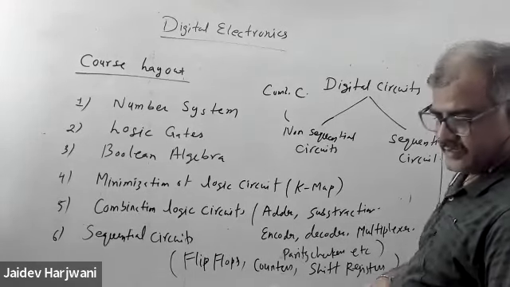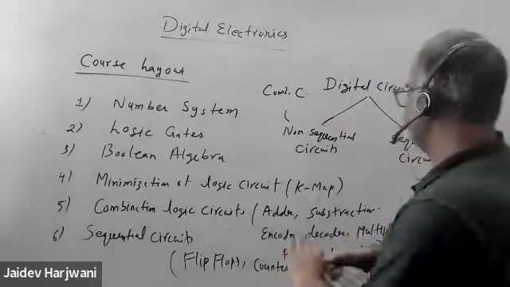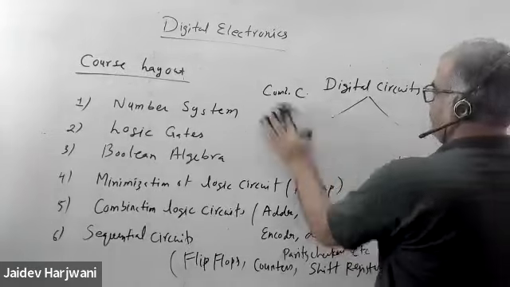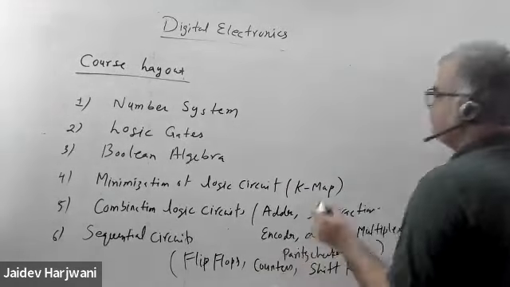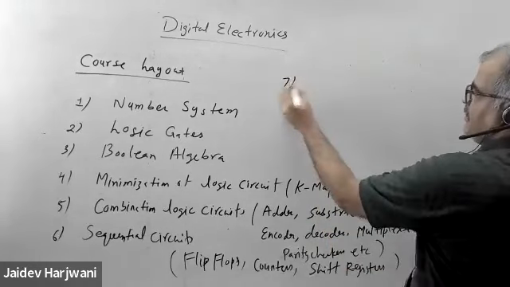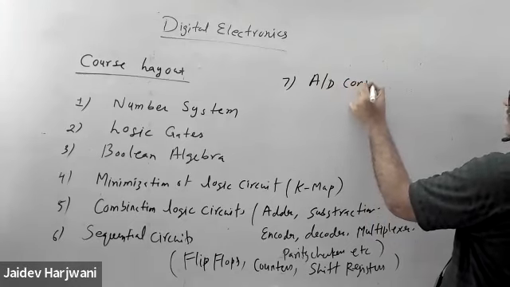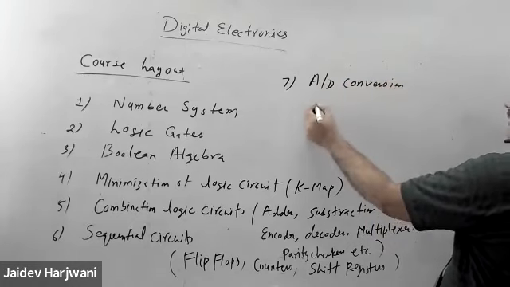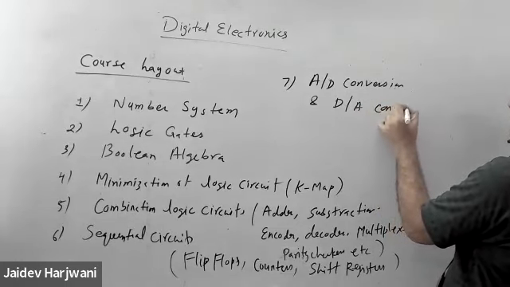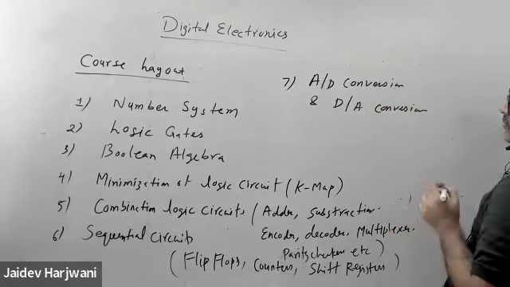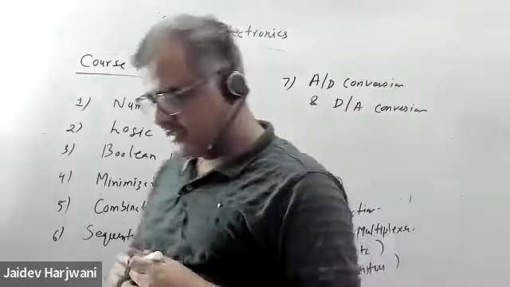And the last topic in digital electronics, which is in your syllabus, will be A to D conversion and D to A conversion, analog to digital conversion and digital to analog conversion.